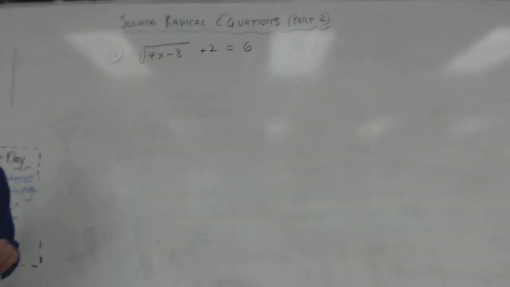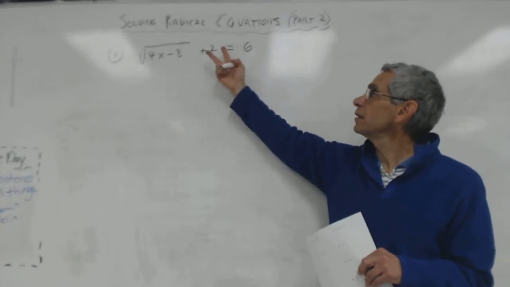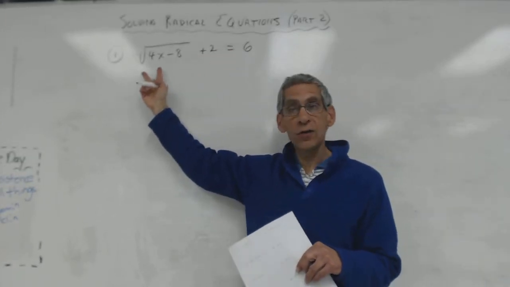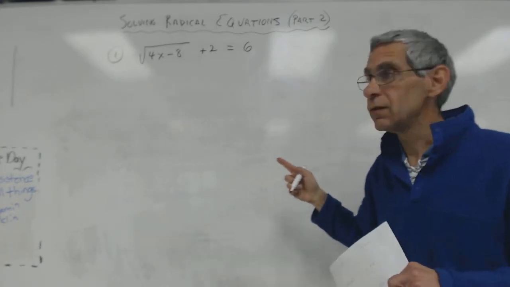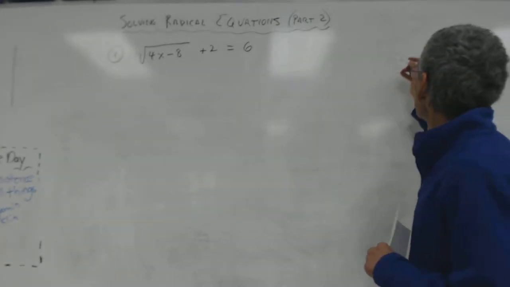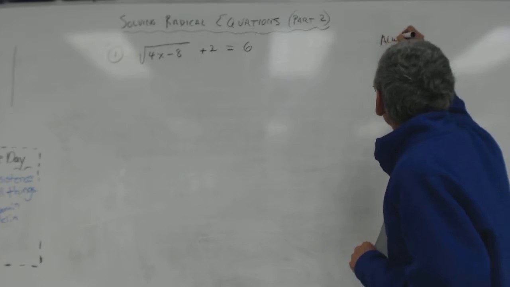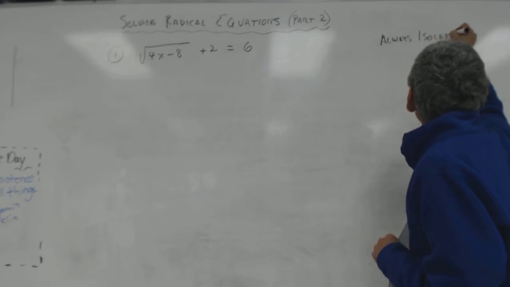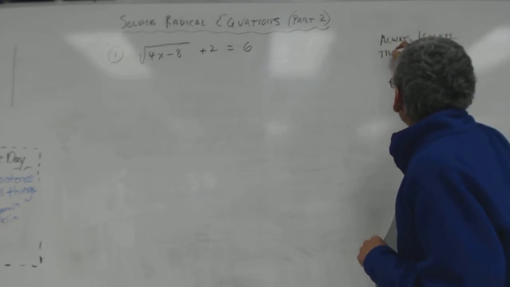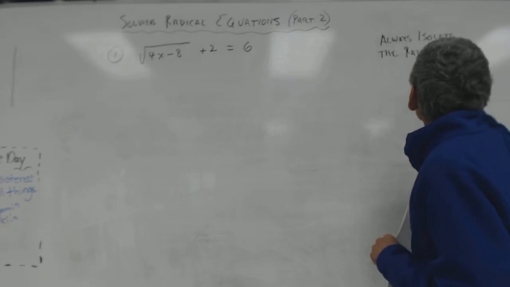All right. So there is a rule when you're actually solving a radical equation, meaning it has a radical sign or square root sign, right? The rule says you must first always isolate the radical sign, right?